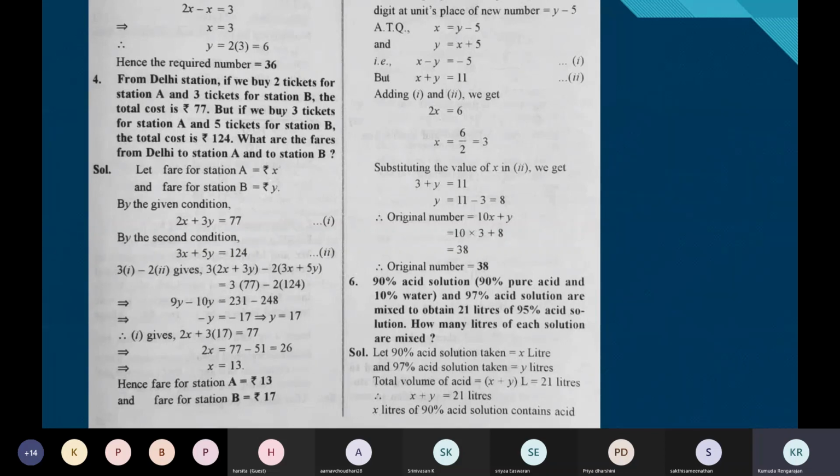How much acid? 97% of Y, so 97 by 100 into Y. When you add these two quantities of acid, that will be equal to the quantity of acid in the final solution, 95% of 21.